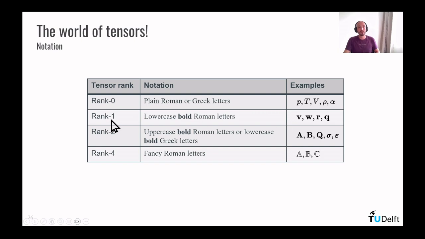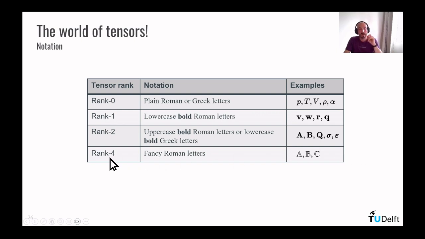For rank 1 tensors, or vectors, we use lowercase, bold Roman letters. So bold v, w, r, q, all lowercase and bold letters. For rank 2, we use uppercase, bold Roman letters, for example, A, B, and Q. And we can also use lowercase, bold Greek letters, for example, sigma and epsilon for the stress and strain tensors.